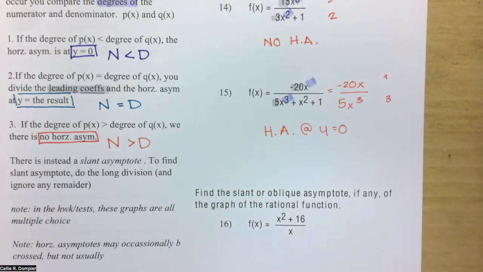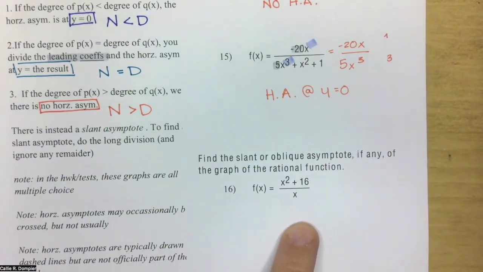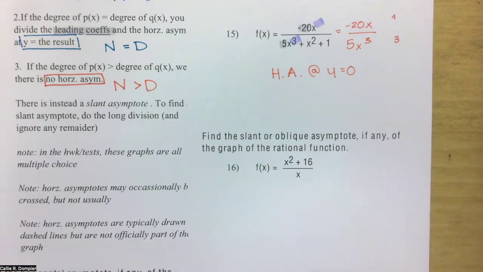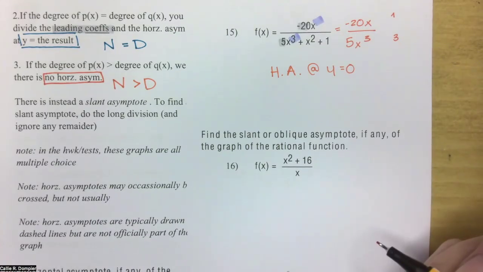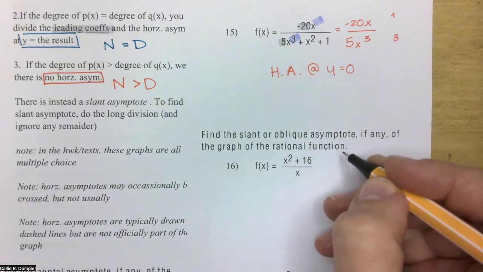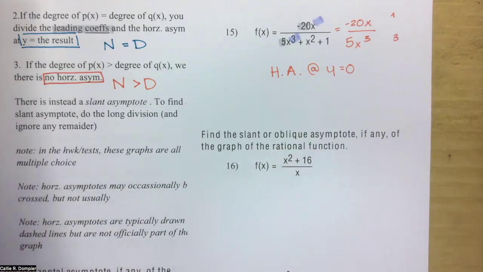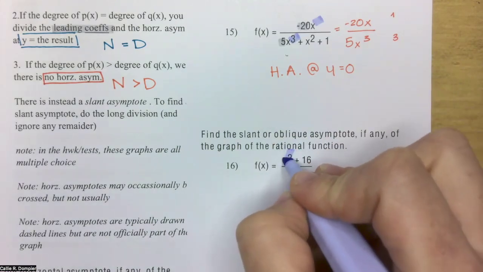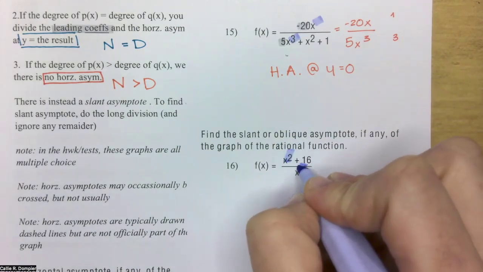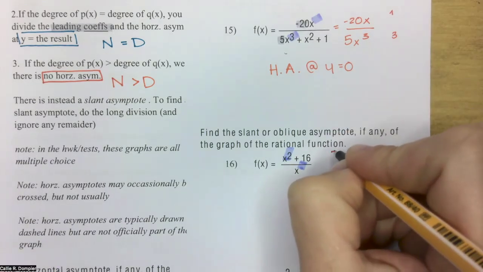Okay? If you have no horizontal asymptote, remember we said that it is possible that you have a slant or oblique asymptote for that function. Okay? How do you find an oblique asymptote? They only exist if the degree of the numerator is 1 greater than the degree of the denominator. So here we're looking at x, the degree of 2.